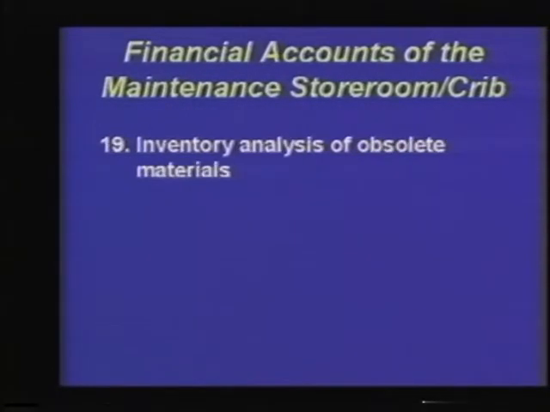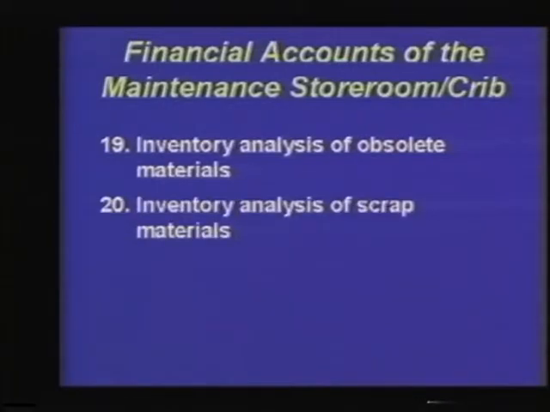Item 19 is the inventory analysis of the obsolescence program, and 20 is the inventory value of scrap materials. Those are materials that cannot be used because of the physical nature, such as deterioration, non-functionality, and so forth.